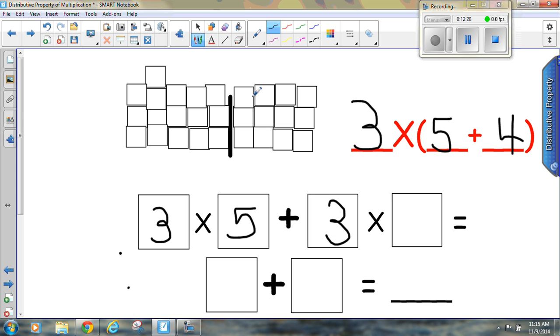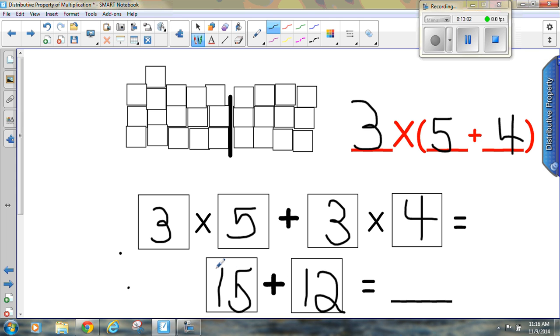And then 1, 2, 3, 4 columns. 3 times 5 is 5, 10, 15. 15, so we'll make our 15 here in the first box. 3 times 4 is 12. 4, 8, 12. 12. So we'll make a 12 here.